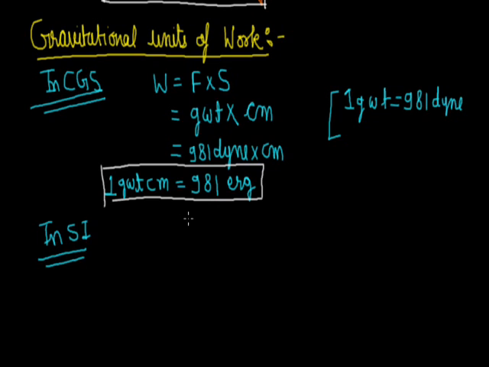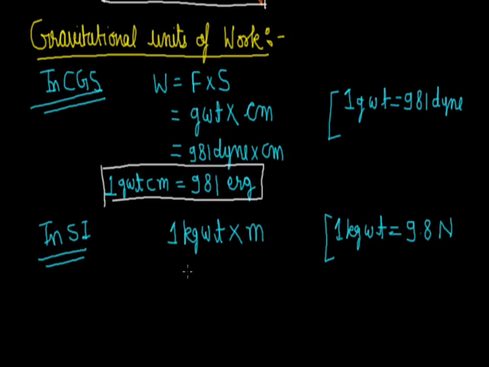Now in SI, as we know, the SI gravitational unit of force is kilogram weight and the SI unit of displacement is meter. Since 1 kilogram weight equals 9.8 Newton, we can write 9.8 Newton into meter, and as we know Newton into meter equals 1 joule, so we get 9.8 joule.